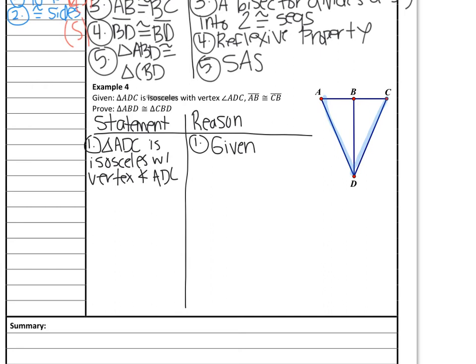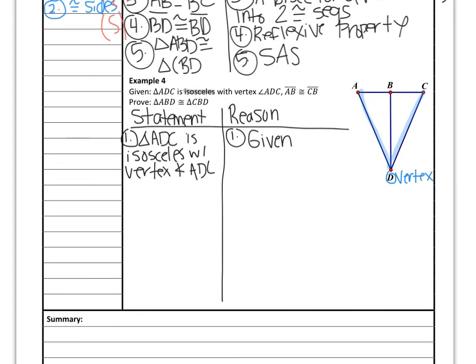So this angle up here at the top by D is the vertex of the isosceles triangle. And if you guys remember in isosceles triangles, if I have two congruent sides, then these two down here are your base angles, and the one angle at the top that's not the same as the other is called your vertex angle.